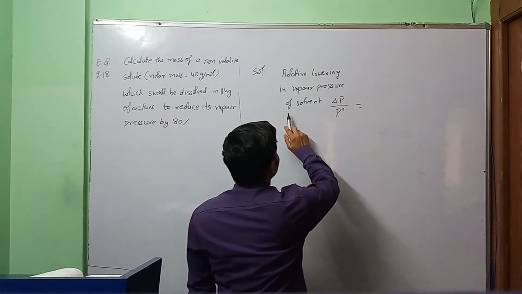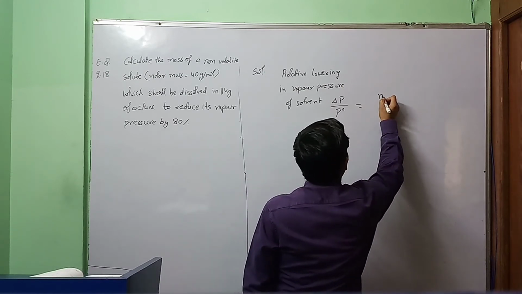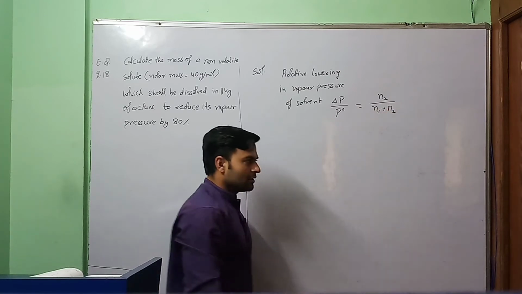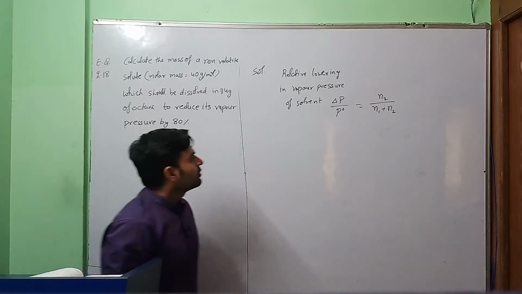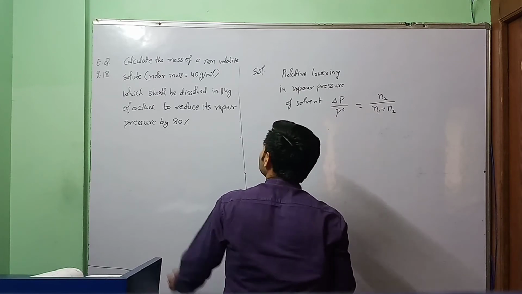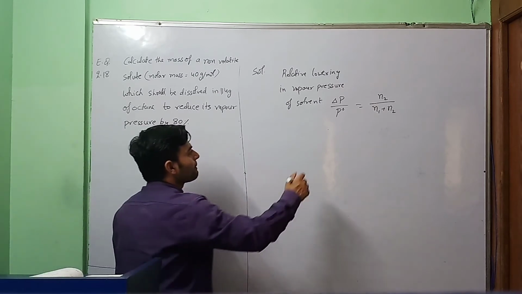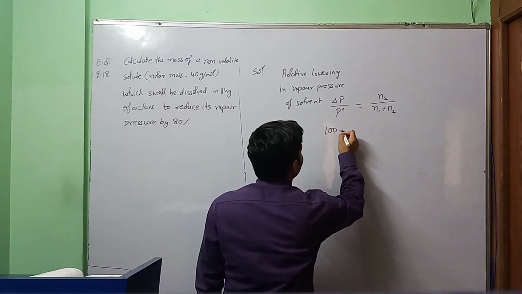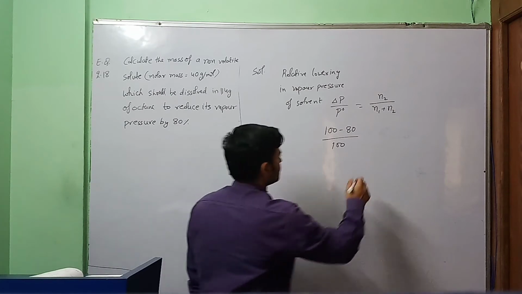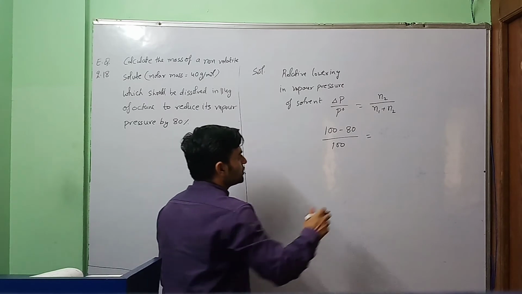Relative lowering in vapor pressure of solvent, delta P upon P naught, is equal to N2 upon N1 plus N2, that is mole fraction of solute. Now change in pressure: we have to reduce the vapor pressure of octane by 80%. So we can use this, 100 minus 80 upon 100 equal to number of moles of solute.